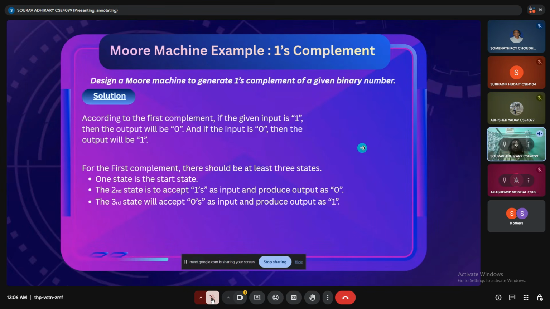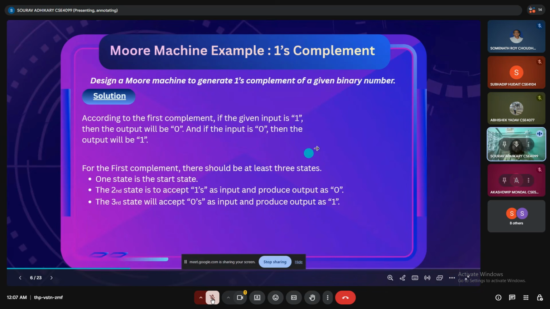Here we will go through an example on the topic of Moore machine. Design a Moore machine to generate the one's complement of a given binary number. So what would be the solution? According to the one's complement, if the given input is 1, then the output will be 0, and if the input is 0, then the output will be 1.